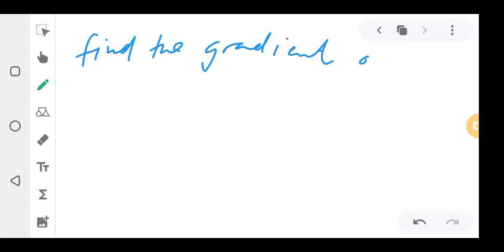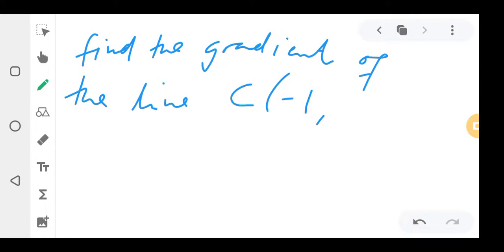Let me solve the next example for you. Find the gradient of the line CD. C is (-1, -2) and D is (-2, 3).